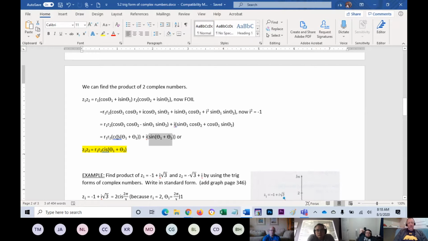Now, since I've got the cosine plus I sine, I can rewrite that back as R1 R2 CIS of theta 1 plus theta 2. So the nice thing is, you just multiply your two scalars together, then add the two angles together, and do a CIS of the sum of the angles.